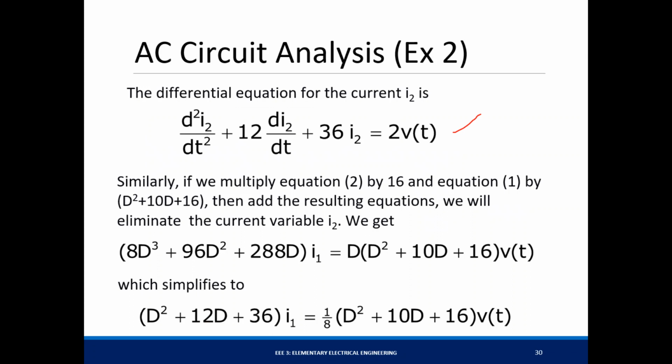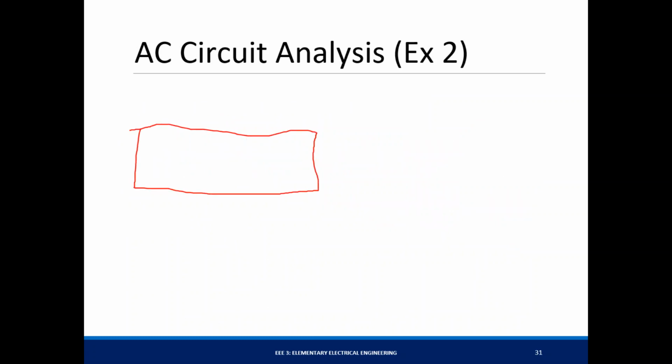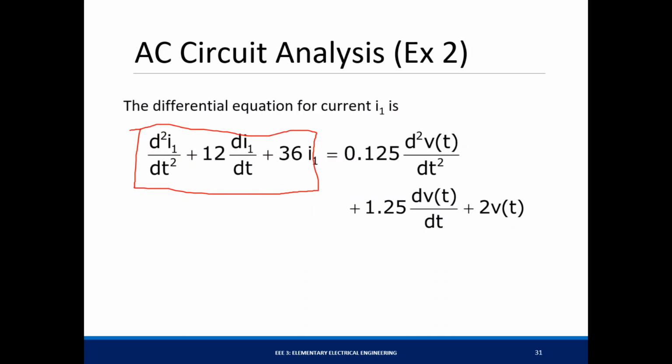Just one last note. If you look at the coefficients of the differential equations for i2 and i1, they're actually similar, here and here. The only thing that differs is the left-hand side expressions.